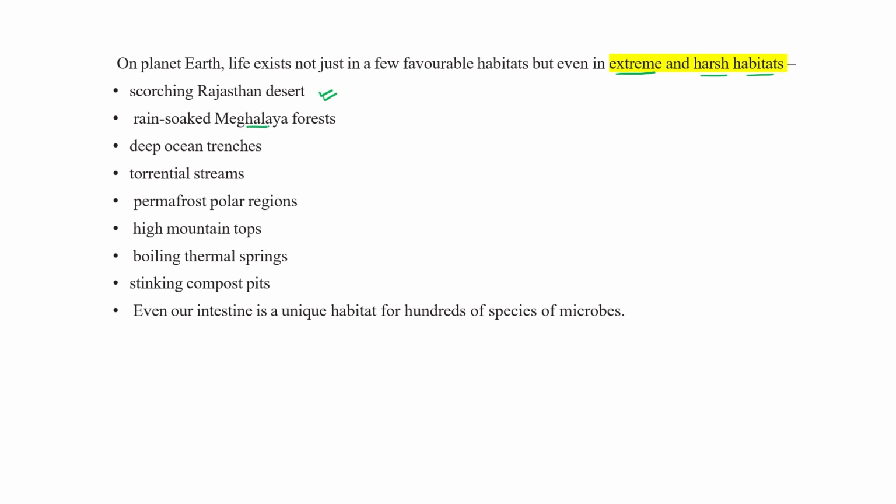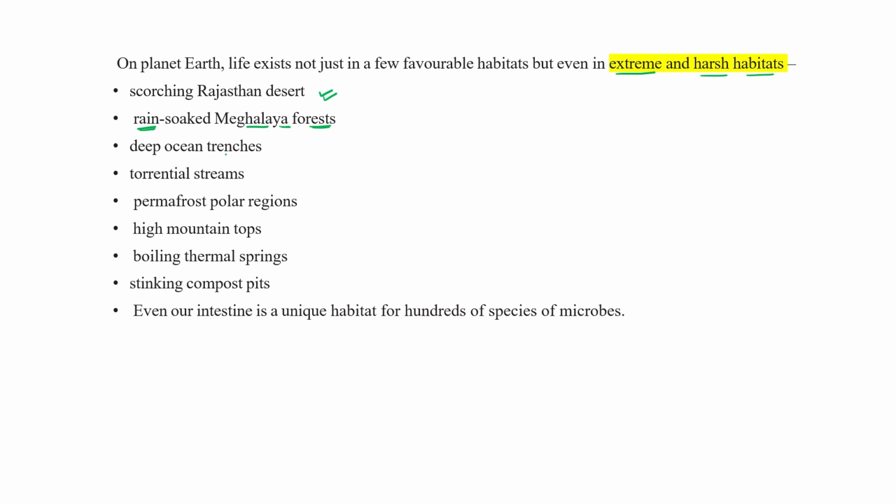Similarly, the Meghalaya region, why Meghalaya? We use the term Meghalaya for the same. This state is known as Meghalaya, Meghon ka alay, Meghon ka ghar, meaning so much rain. Almost maximum rain is the quality. So it is known as rain-soaked Meghalaya, the tropical rainforest area of our country.